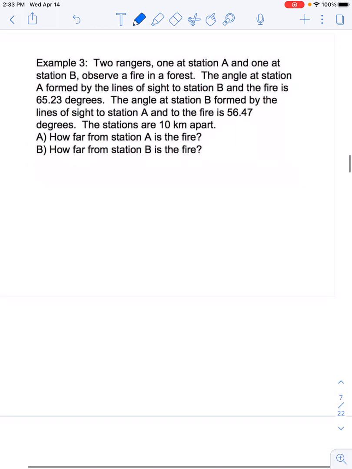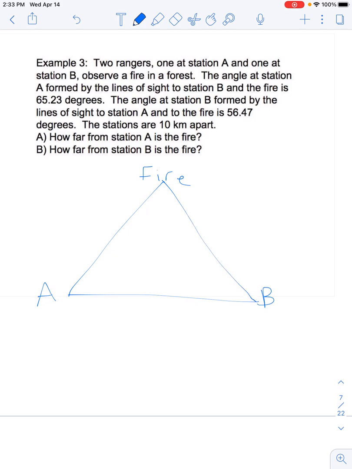Two rangers, one at station A and one at station B, observe a fire in the forest. So we have A and B, and we have a fire. The angle at station A formed by the lines of sight to station B and the fire is 65.23 degrees.